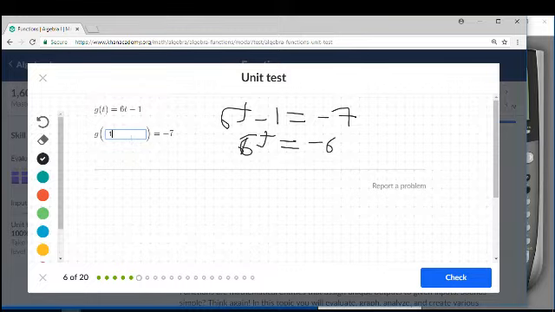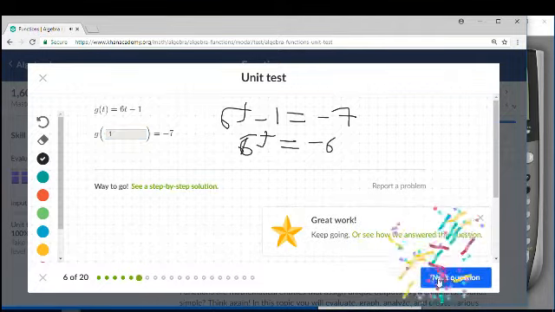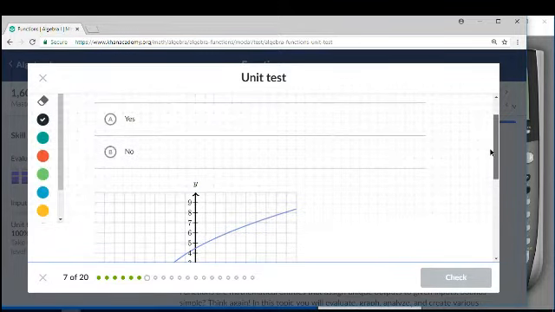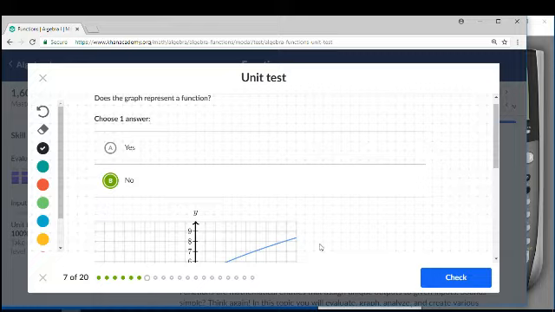Yep, because add 1 to each side, negative 6, divide each side by 6, negative 1. Does the graph represent a function? It fails the vertical line test. So no, it's not a function because it fails the vertical line test.